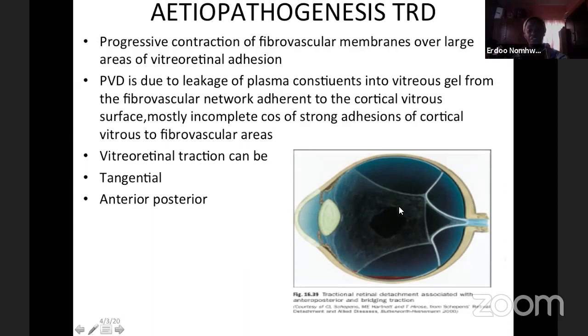So sometimes there is progressive interaction between these vitreoretinal tractions, like we have here, the tangential interacting with the anterior posterior. So it's giving us a bridging kind of contraction. So with this, there's some traction on the retina, and you can actually pull the neurosensory retina away from the RPE.